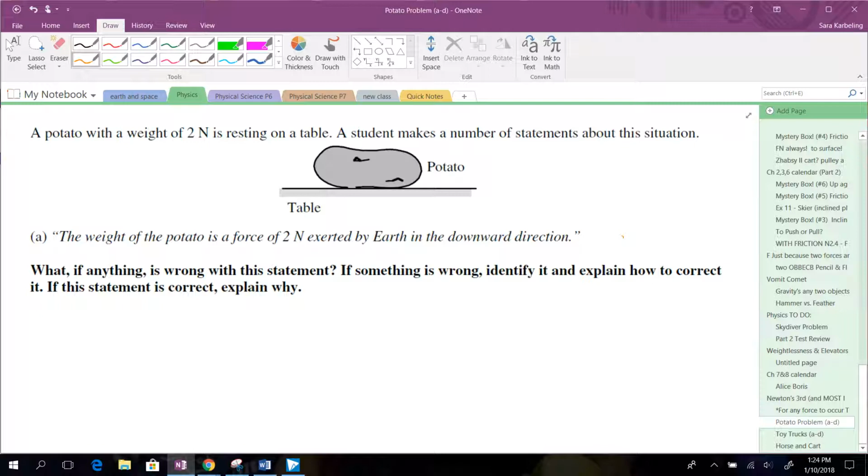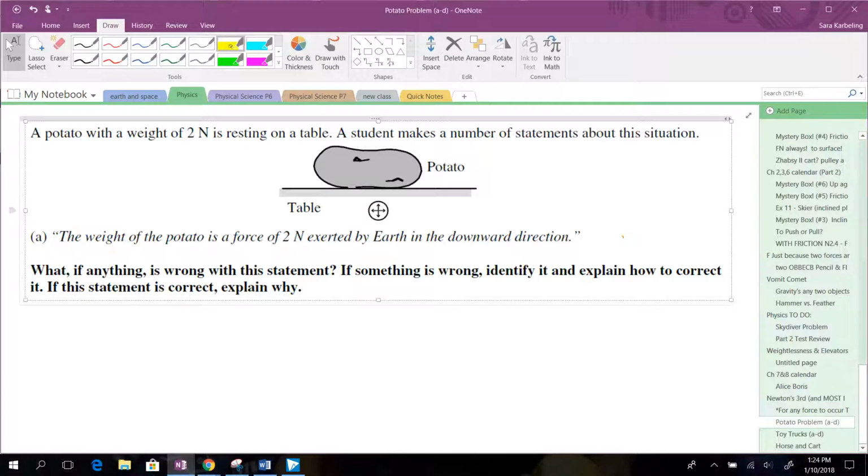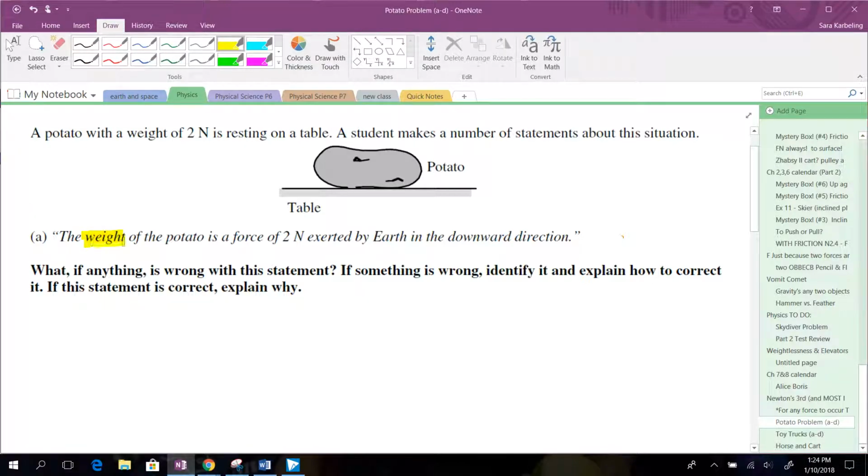All right, let's talk about A, ladies and gentlemen. I think maybe the key here is just the word weight. We've talked about that word before, right? What does weight mean? We don't use that word a lot, but what is it? Mass doesn't ever change. What is it that changes? The force, right?